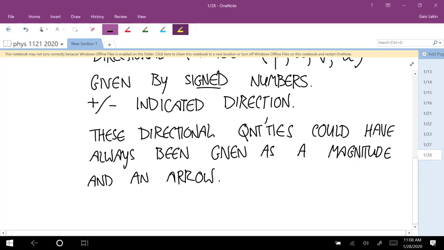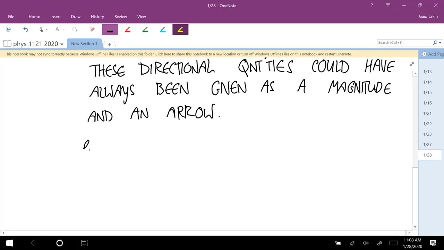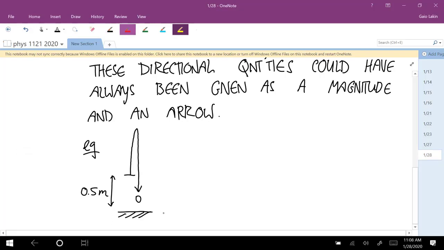Okay, so for example, if we have a problem where something starts at a height of 0.5 meters, and it's launched up into the air and then comes back down, we choose a 0 position and a positive direction.